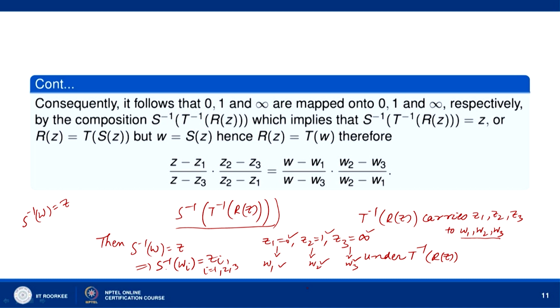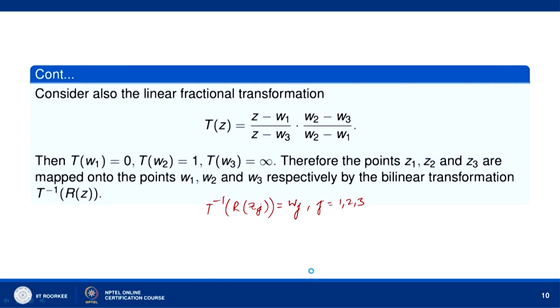Then, under the mapping, T w1 equals 0, T w2 equals 1, T w3 equals infinity. So, T inverse takes 0, 1, infinity to W1, W2, W3.